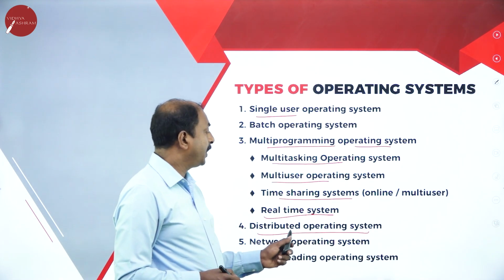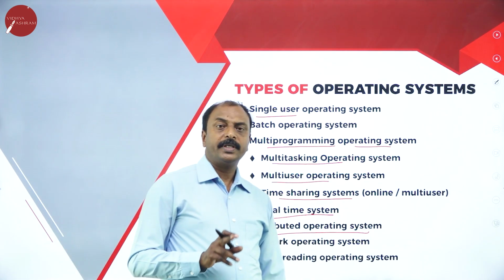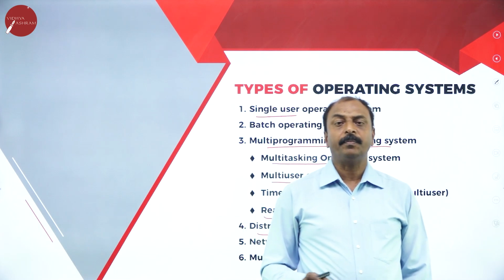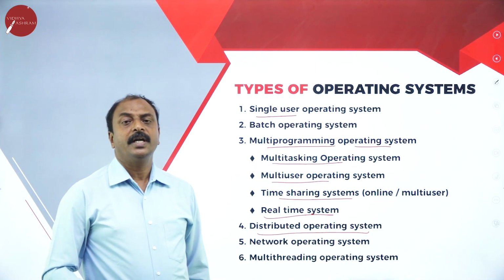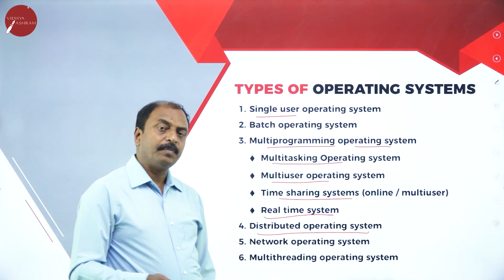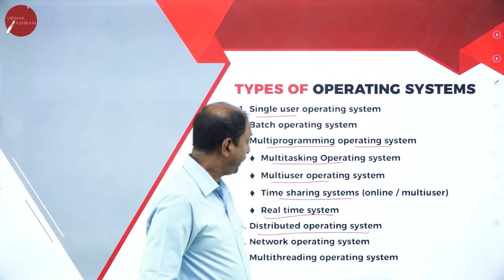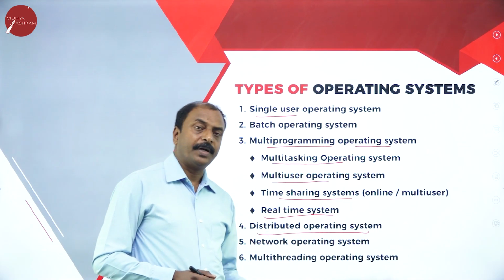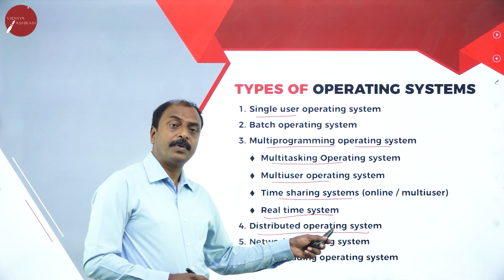That is nothing but distributed operating system. The definition says that more than one work can be shared by different computers. For example, if there are 10 tasks to be completed, all the 10 tasks can be shared by different computer systems. That is nothing but your distributed operating system. So the operating system supports these types of tasks.